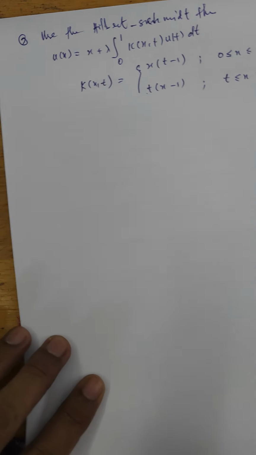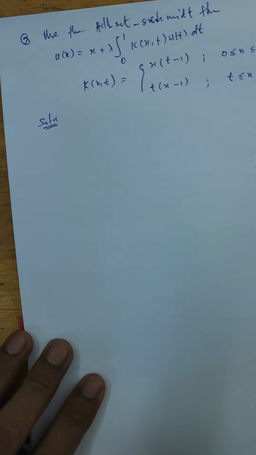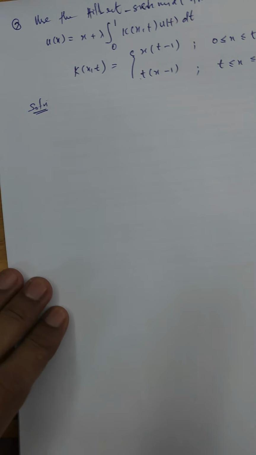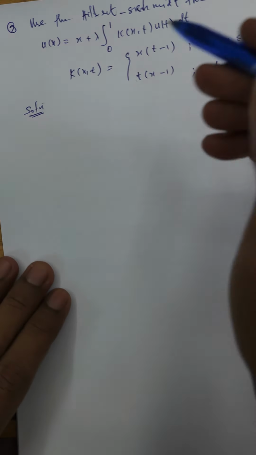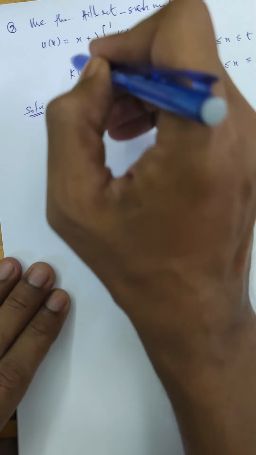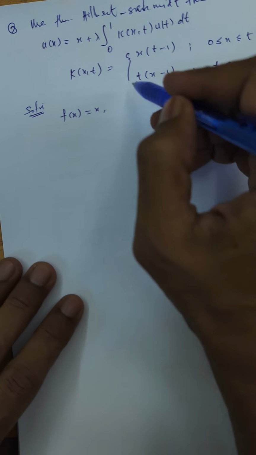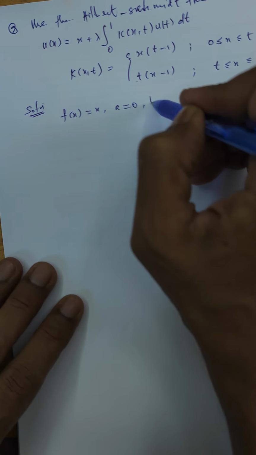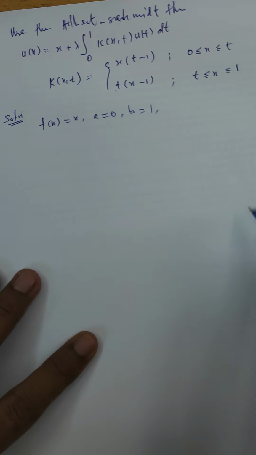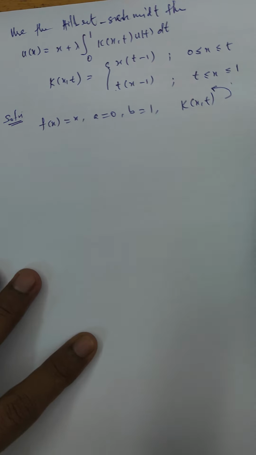Okay, now we solve this. Compare with the standard Fredholm integral equation. What we have, f(x) equal to x, a equal to 0, b equal to 1, and k is given as this.